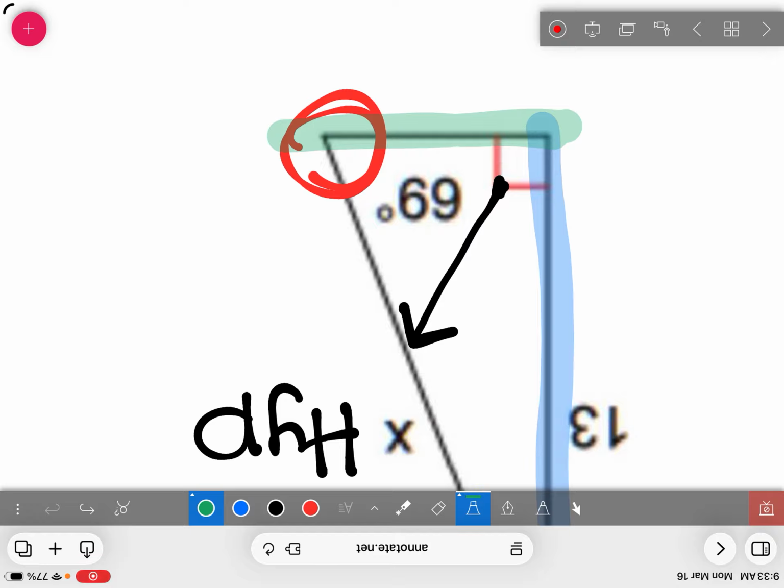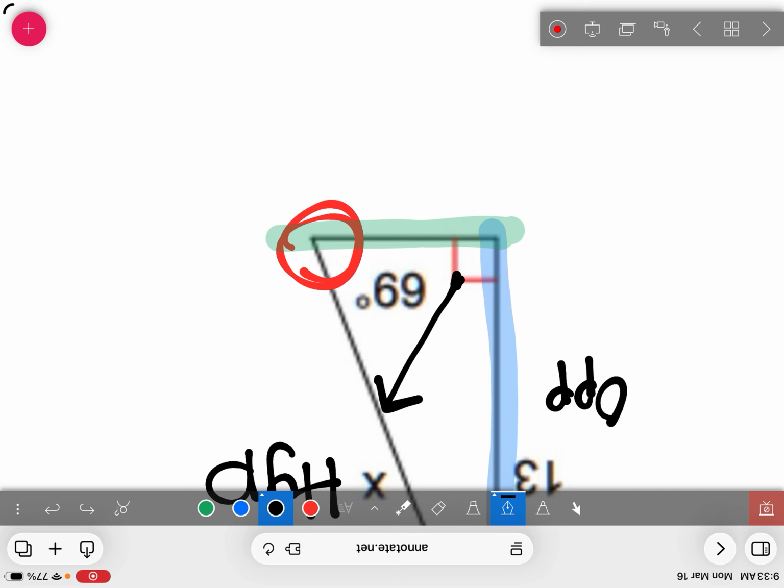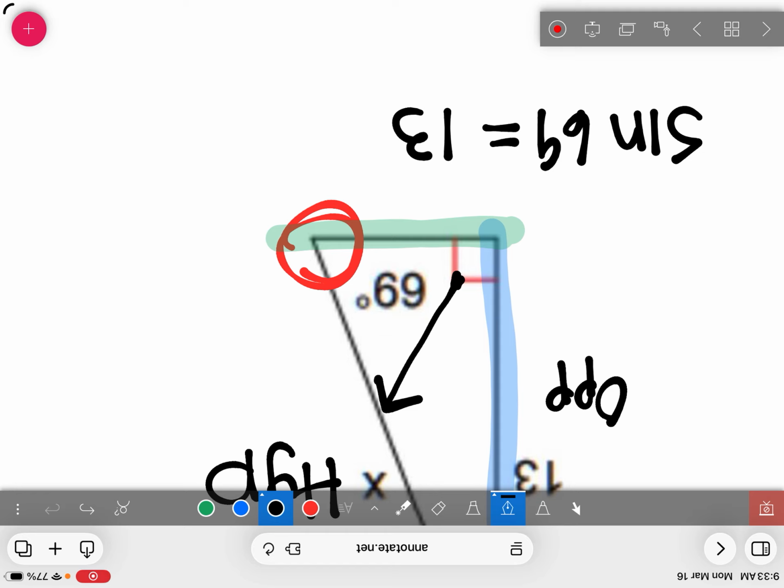The green road would be adjacent, but the blue road is opposite. So that would be a sine ratio. So that would be sine of 69 equals 13 over x.